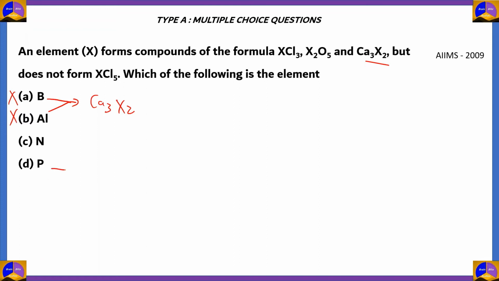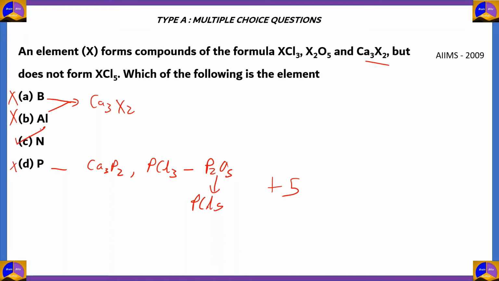If we look at phosphorus, yes, we do have Ca3P2, we have PCl3, and we have P2O5, but we also have PCl5. Phosphorus has a maximum oxidation state of +5, which means that phosphorus can form XCl5. So that means option D is incorrect.